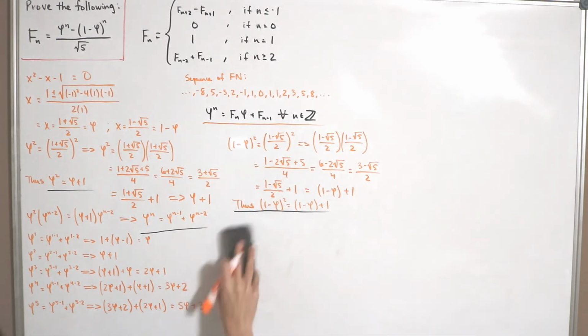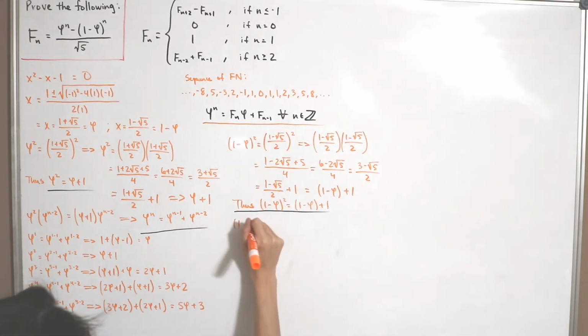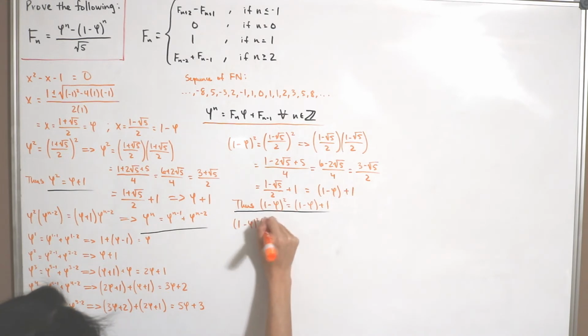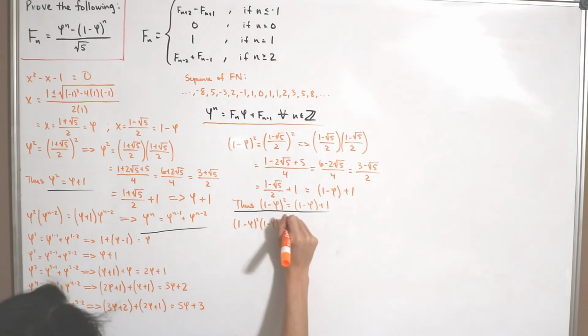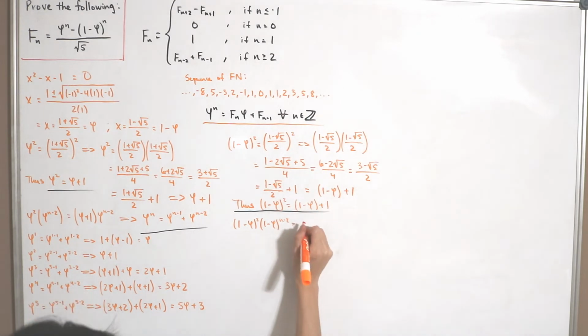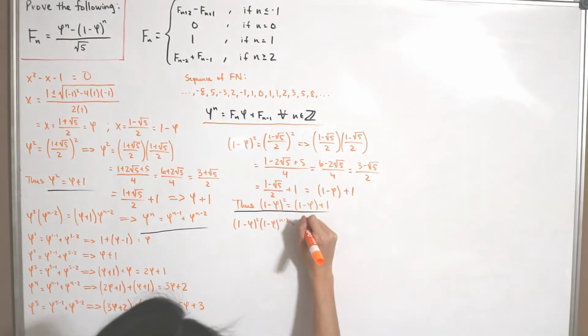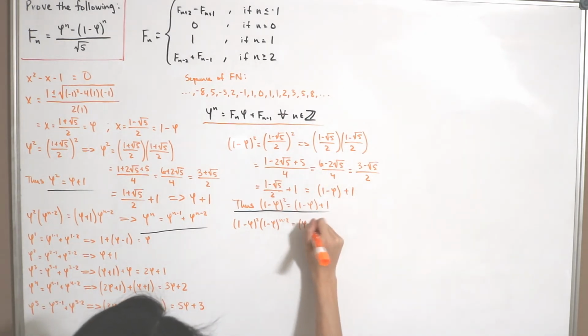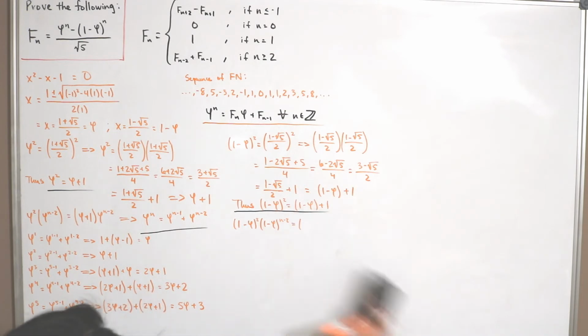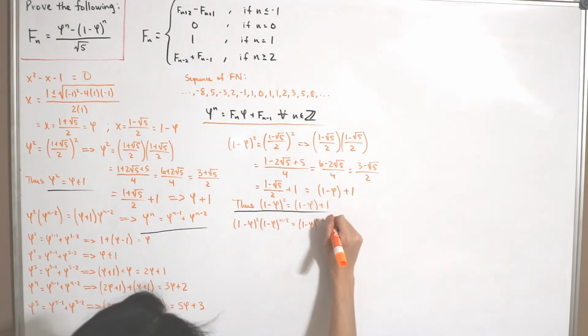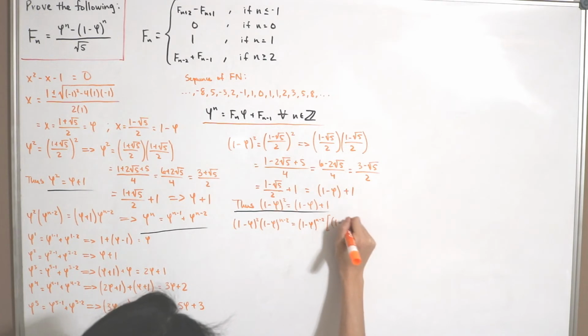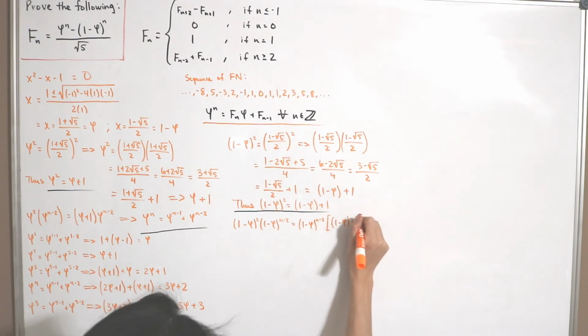It's actually 1 minus phi squared, then multiply with 1 minus phi to the n minus 2. And then I set this equal to 1 minus phi to the n minus 2, and then multiply with 1 minus phi plus 1.